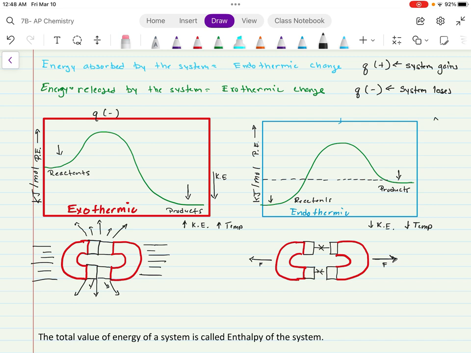So these two activation graphs show you the difference between exothermic and endothermic reactions. So in this case, the system gains energy, and in this case, the system loses energy. What we perceive is the stuff in the surroundings, right? That's where we see the increase in temperature and the increase in kinetic energy. We see that in the surroundings.